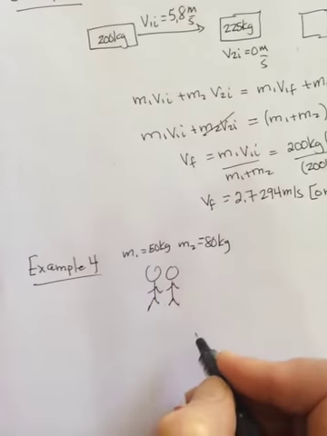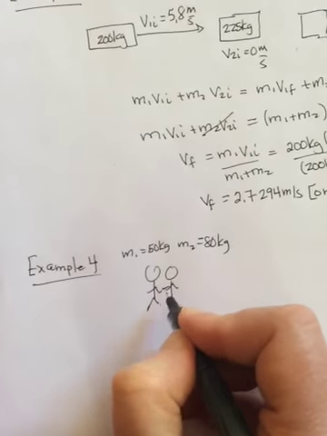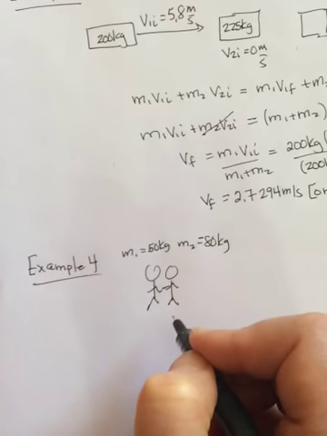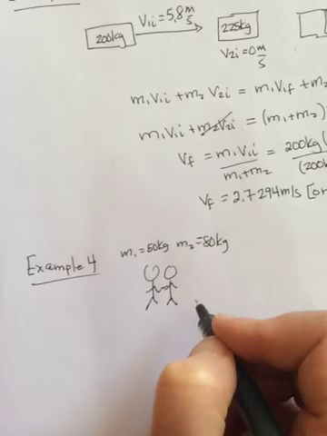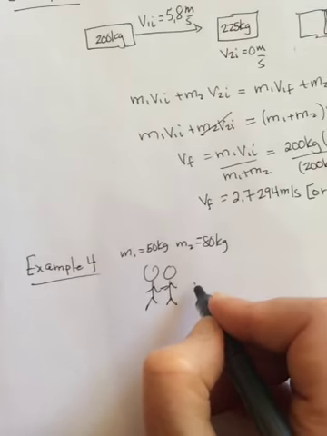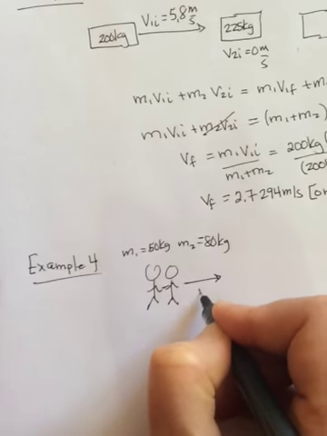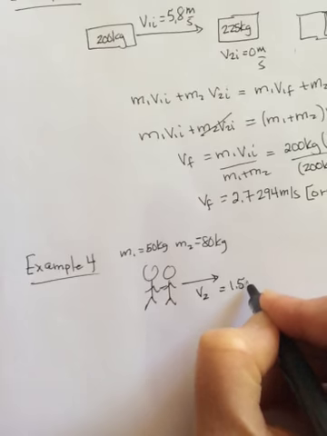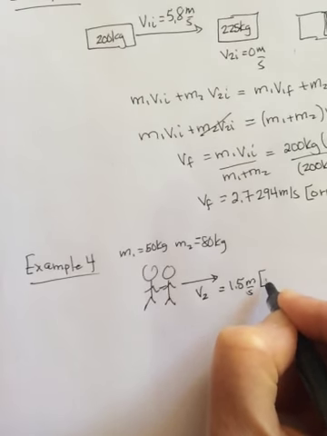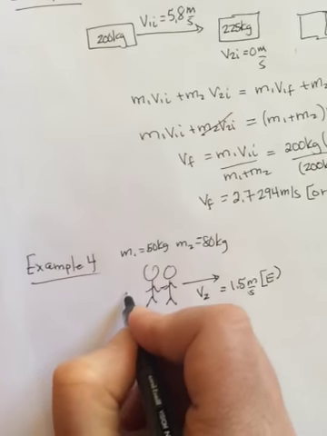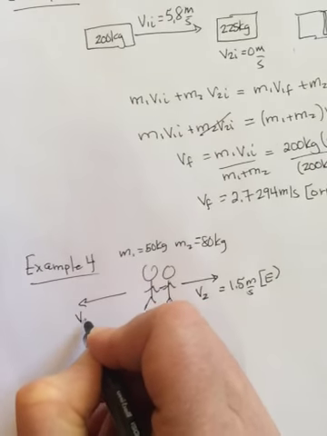They are standing together at the beginning of their program, like pair skating. As the music begins, they push off each other. If the 80 kilogram skater moves with the speed of 1.5 meters per second east, so this one is V2, what's the velocity of the other skater? So we're looking for V1.